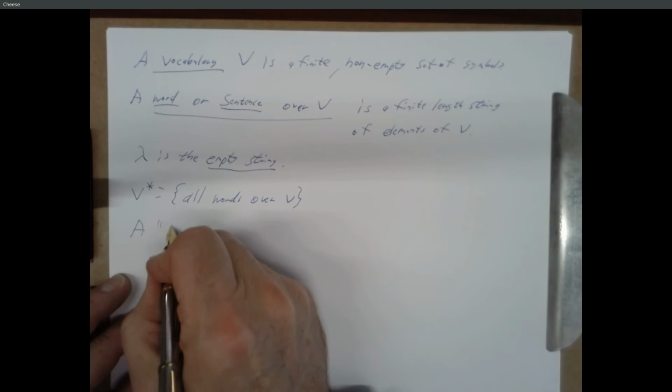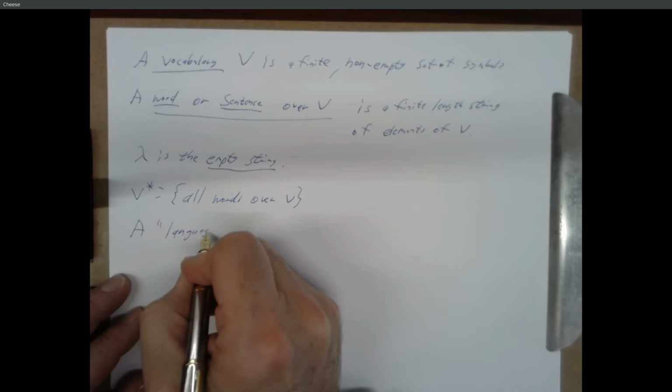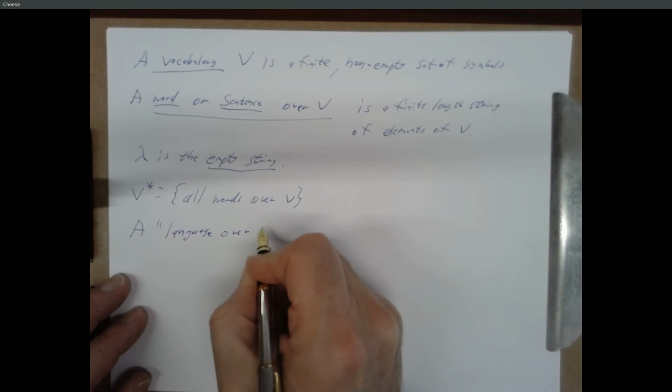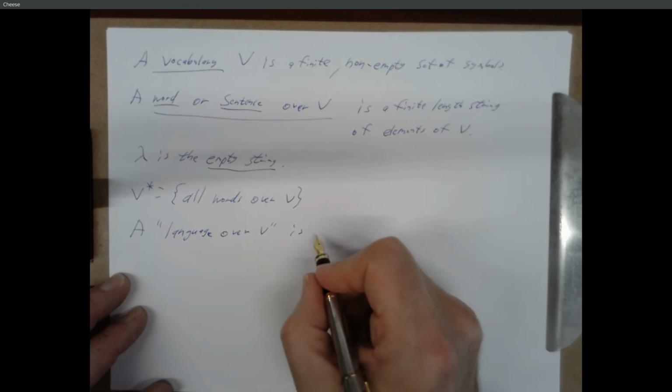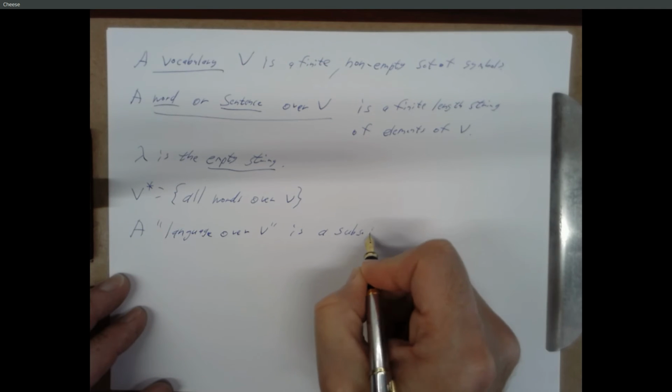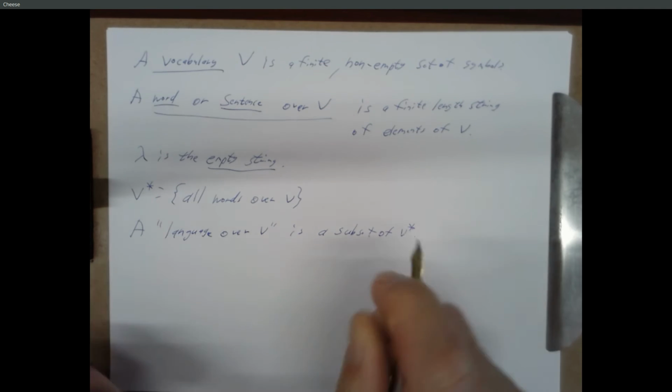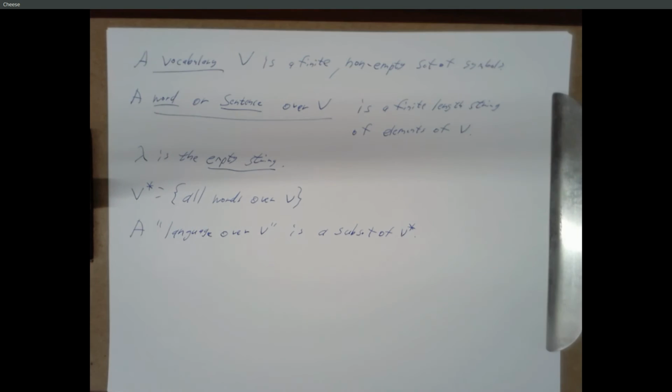And then a language over V is a subset of V star. So it's a particular collection of finite length strings of elements from V. What I call a vocabulary you could think of as the letters A through Z. A word over V would just be a collection of letters side by side in a particular order.